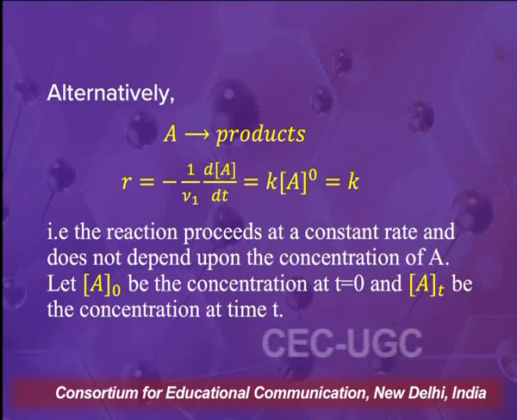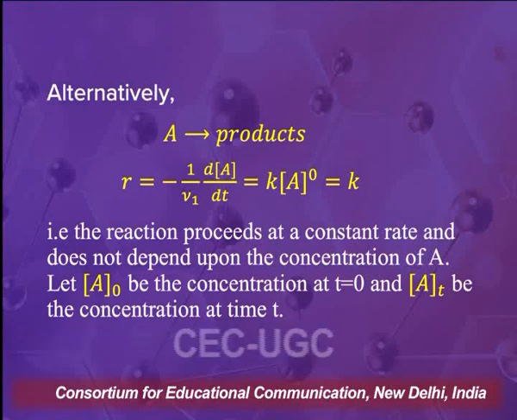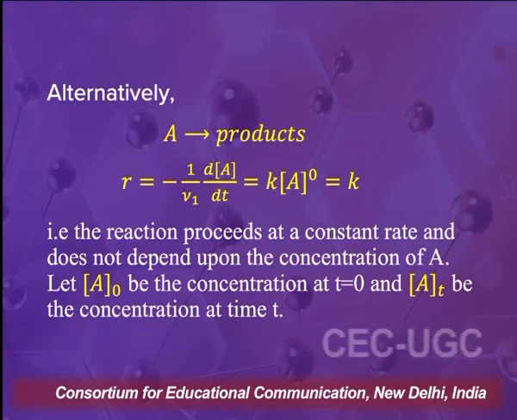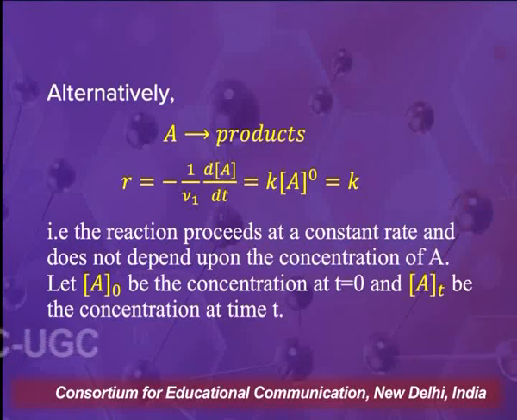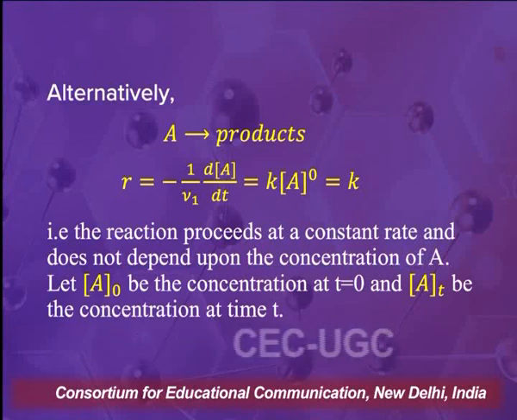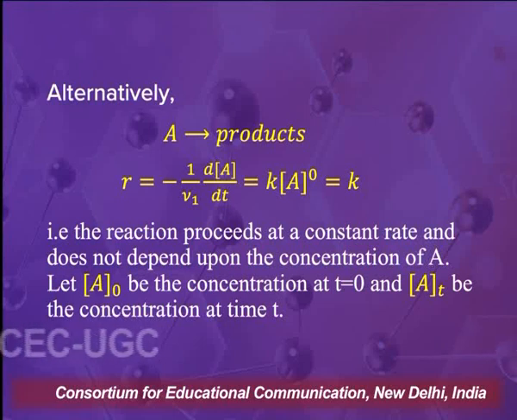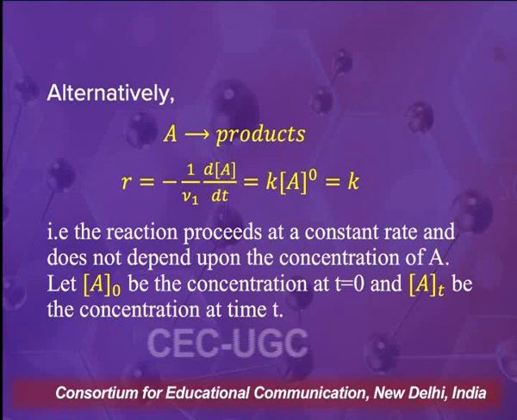That is, the reaction proceeds at a constant rate and does not depend on the concentration of A. Let A naught be the concentration of A at time t is equal to 0 and At be the concentration of A at time t is equal to t.